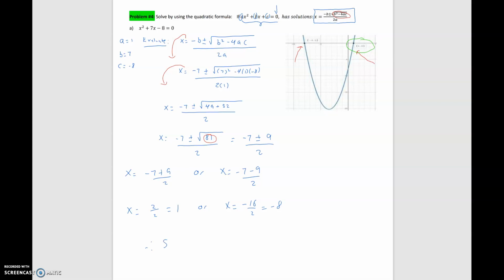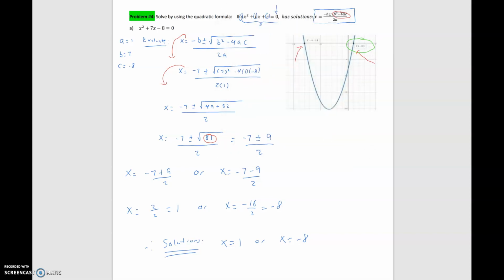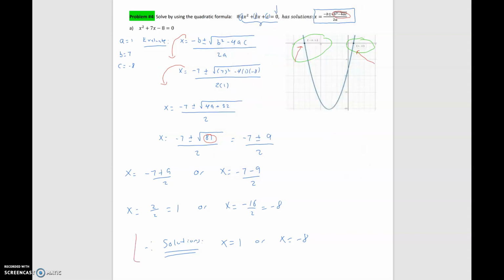So by using the quadratic formula, it's going to give us x is equal to 1 or x is equal to -8. And you can see the -8 here in the graph. Both of those y values are 0 since we're finding the intersections. And that's actually it for this problem. Once again, it gave us solutions of 1 and -8.